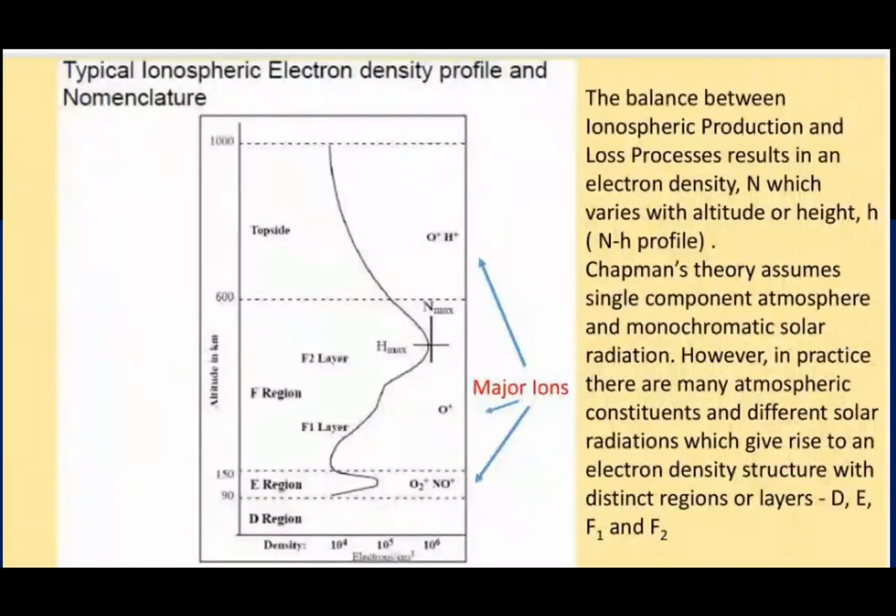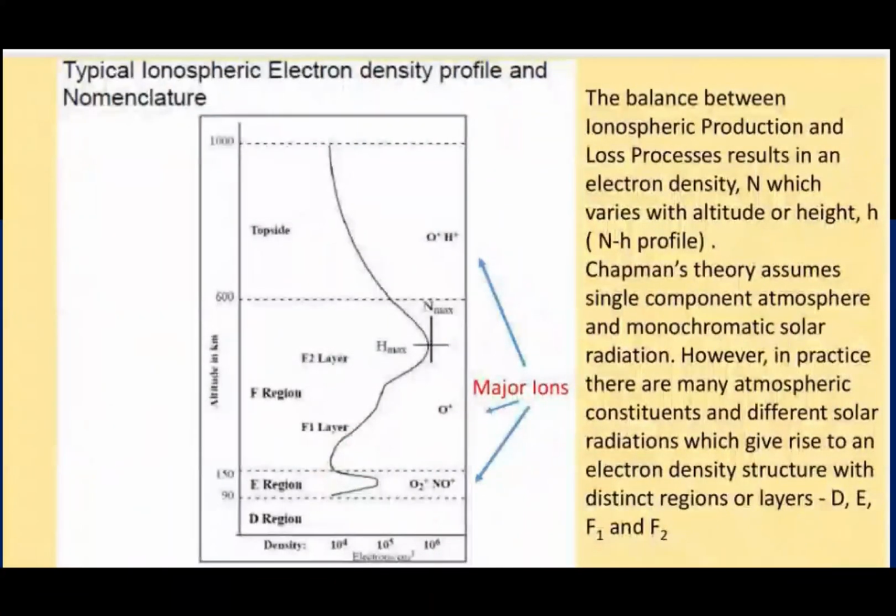These give rise to an electron density structure with distinct regions or layers named as D, E, F1 and F2. So the profile here shows the variation of electron density with respect to height.